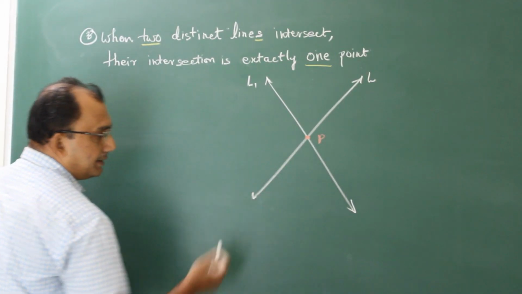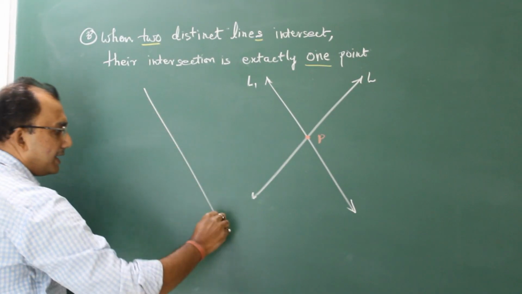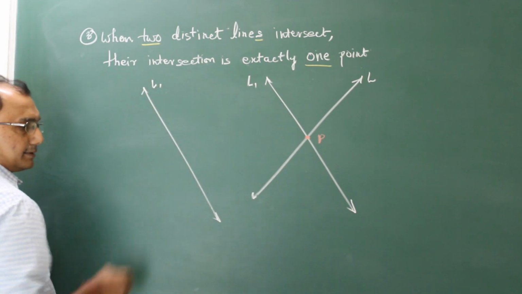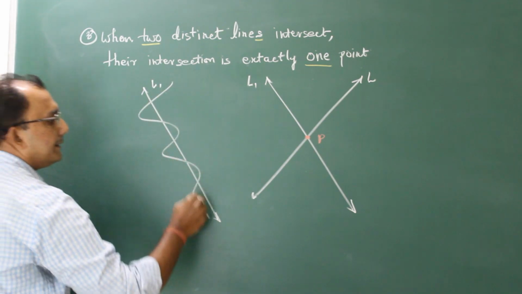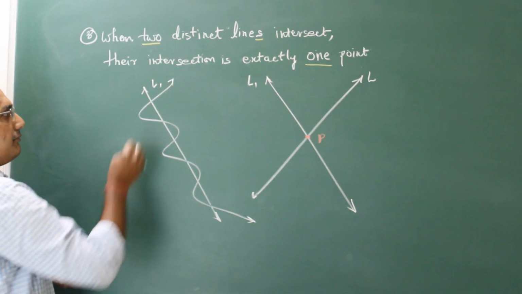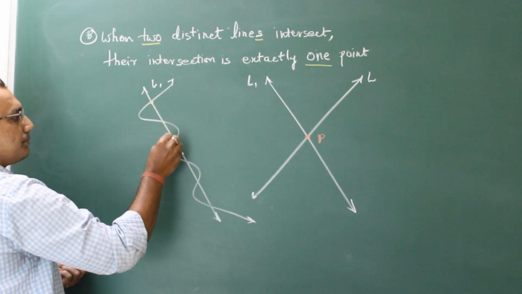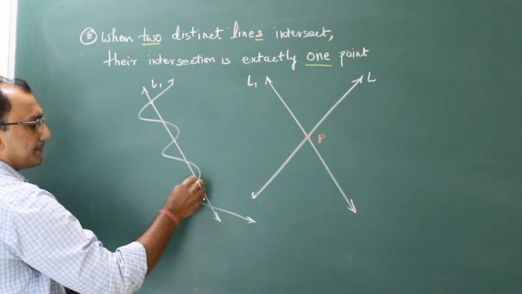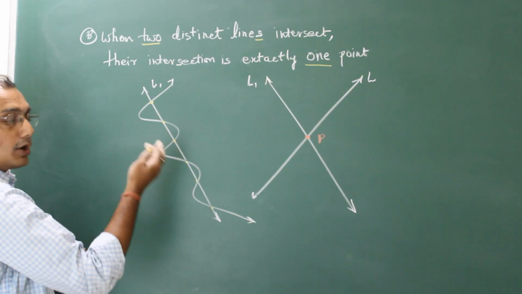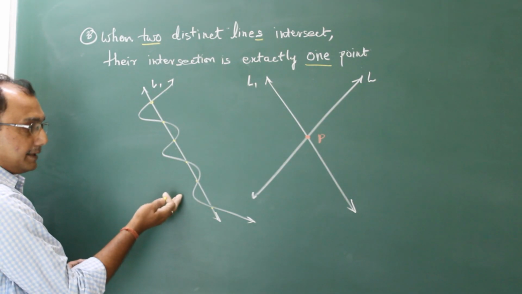Now it cannot be this way. We have a line L and line L1 and one more line intersecting it. In this case you will say we have got infinite number of points, correct? But this cannot be a possibility. This is not logical thinking.